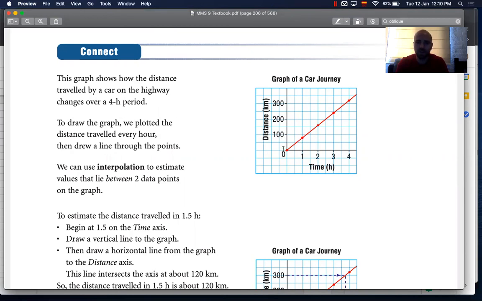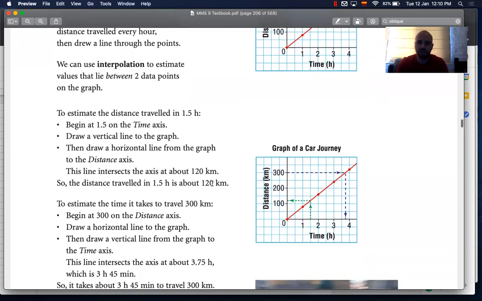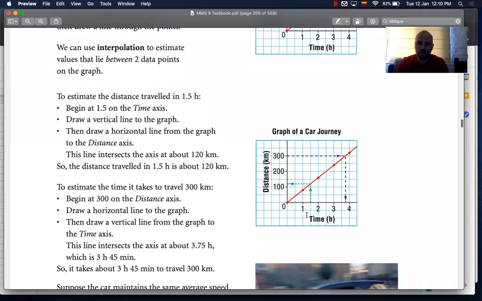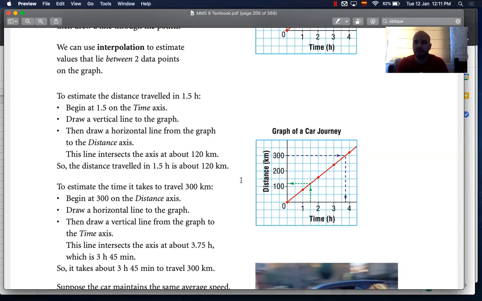So we can determine how far the car has traveled after so many hours, because if it's traveling at that constant speed, we can determine exactly how far it's gone. As we move down, if we're looking after an hour and a half, how far would it have gone? Here they're predicting about 120 kilometers, which seems like a good prediction. Then how long would it take them to go 300 kilometers is their next question.